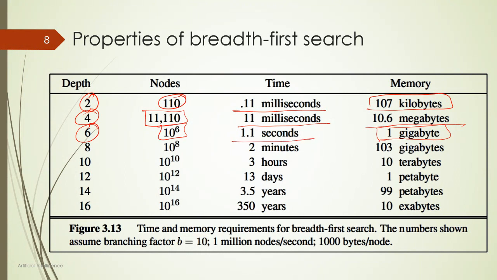If I go down, like 16 levels, a depth of 16, the number of nodes will be 10 to the 16, and it takes 350 years to find the solution, and it needs 10 exabytes to save that information.